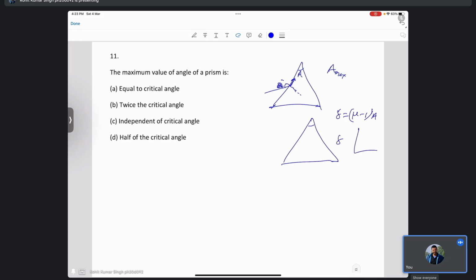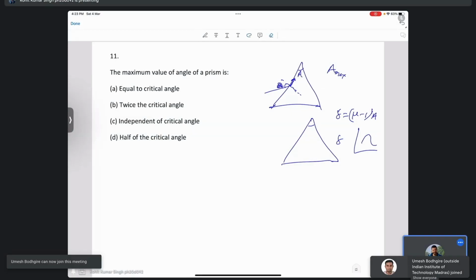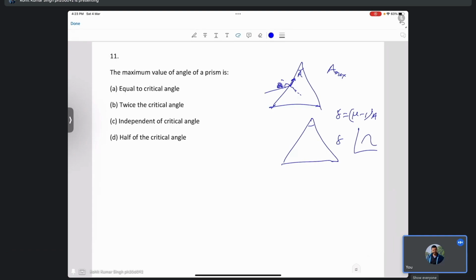I showed that plot, no? This kind of plot we had. So that means the angle of the prism and the incidence angle are both related somehow.